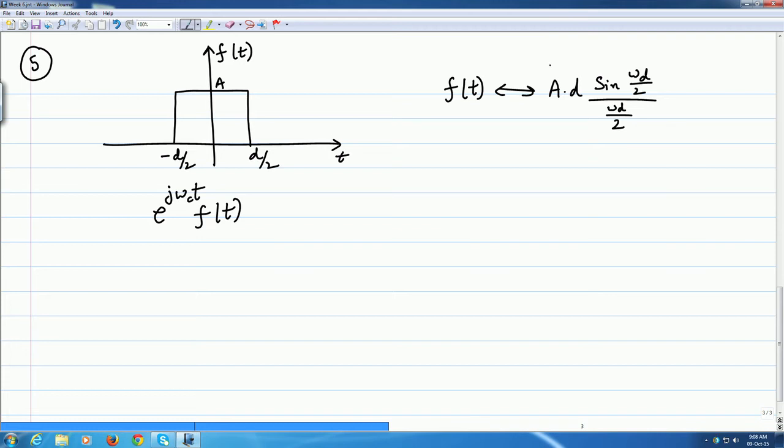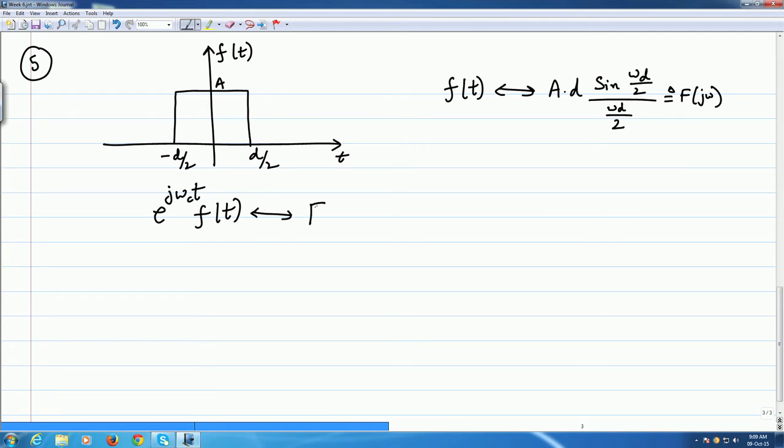So, let us say we call this as f of j omega. Okay. So, what will be the Fourier transform of e power j omega c t times f of t? There is this standard property which says if you multiply by e power j omega c t, the Fourier transform becomes f of omega minus omega naught.